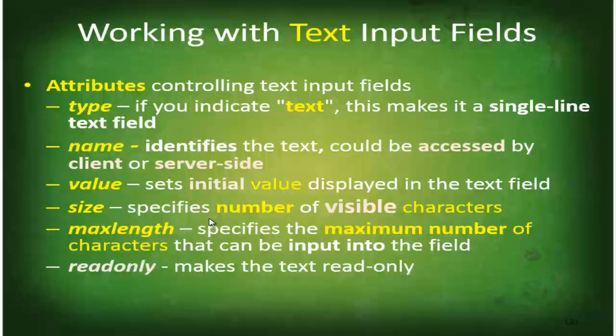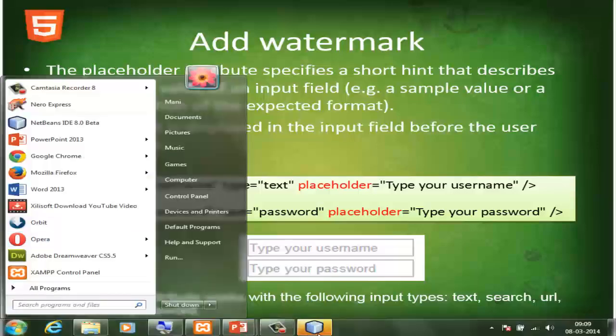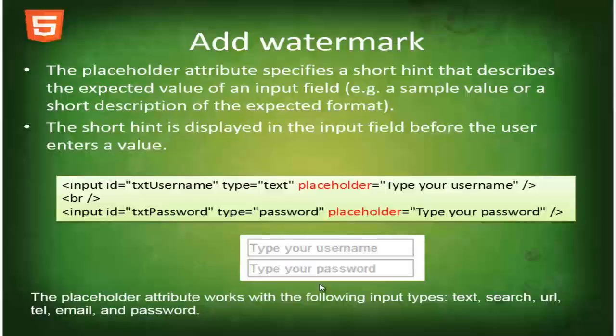Apart from that, we have some additional properties such as the value. You can specify a default value by setting the value equal to something, or you can even make the form read only. There is one additional property that we can think of using when it comes to the text box, and that is the placeholder.